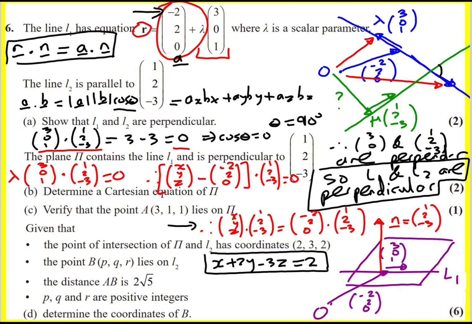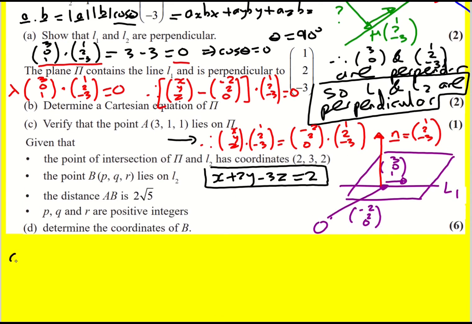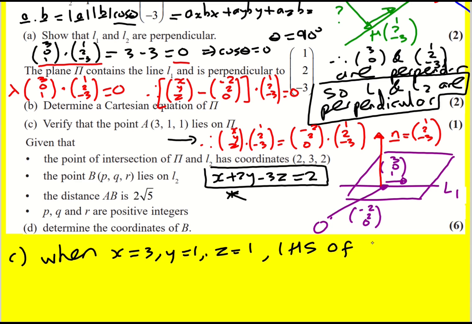Above here, we've actually got what we'd say is the vector form for the plane. In C, we're asked to verify that A (3, 1, 1) lies on pi. So when x equals 3, y equals 1, and z equals 1, the left-hand side of, let's call it star, is going to equal 3 + 2 - 3, which equals 2, which is the right-hand side.